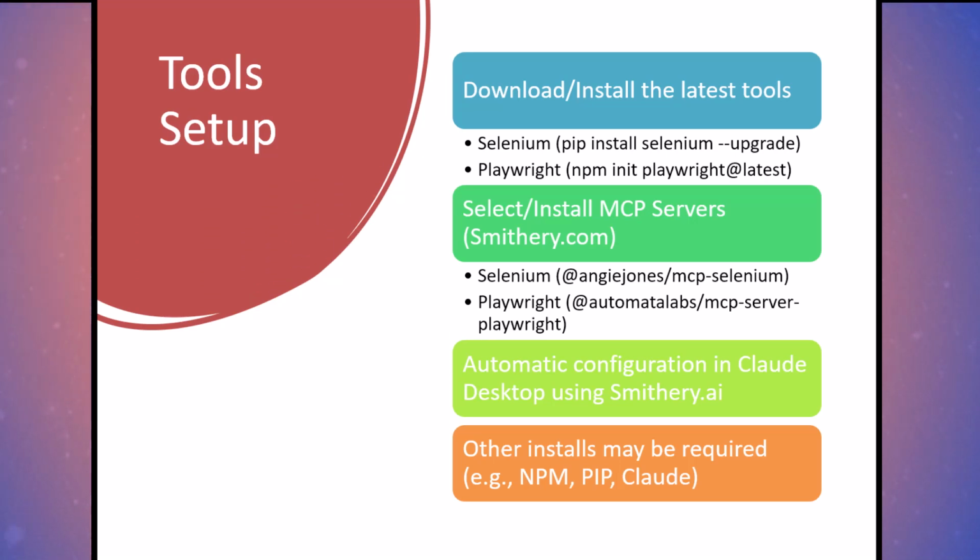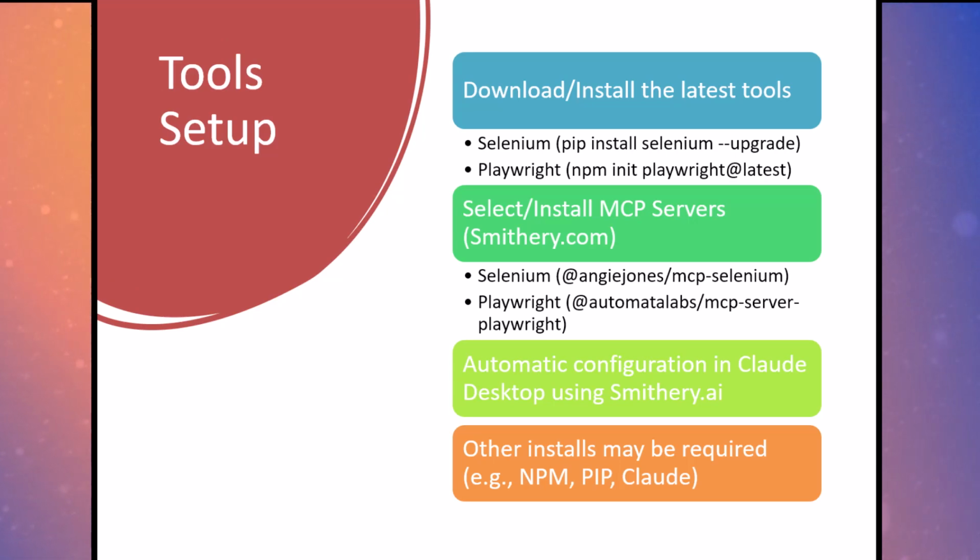Normally, for automation testing with Playwright or Selenium, you need an IDE installed that supports your programming language of choice. That is not necessary for MCP testing, but you do need Selenium and Playwright installed to enable the MCP server to interact for script creation and execution.